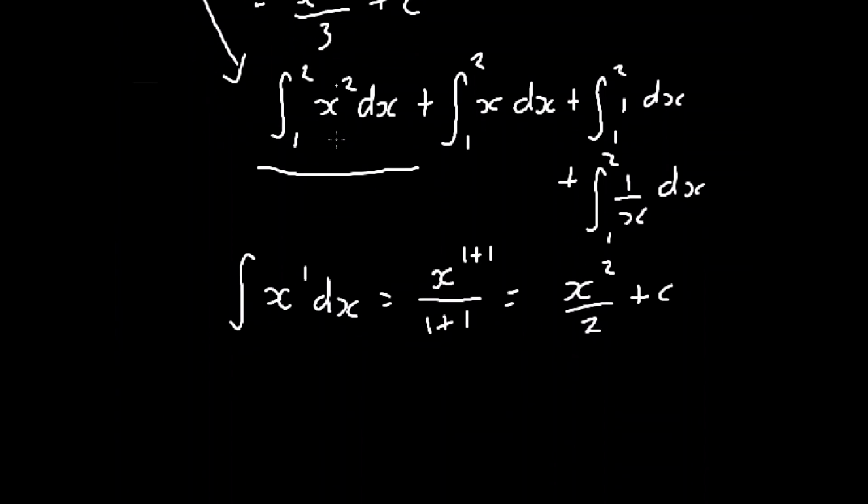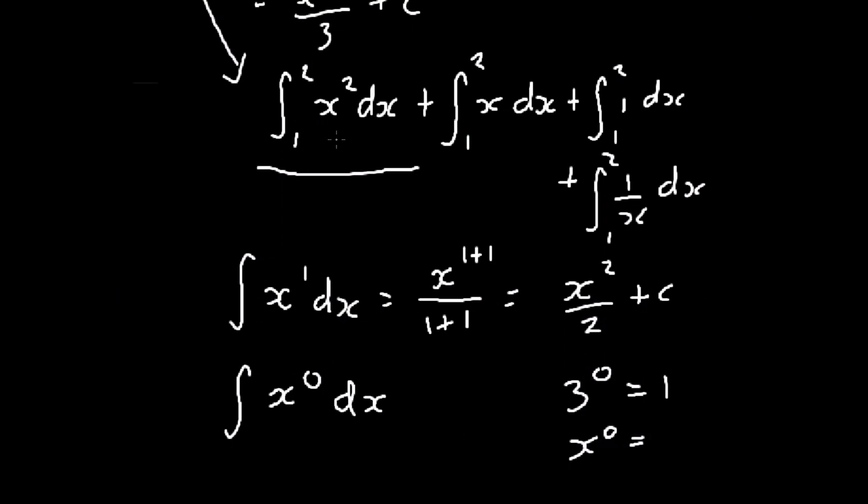Okay, so let's go to the next step. What happens if I have 1? Well, that's like saying that is x to the power of 0. Okay, because what is anything to the power of 0? Get your calculator out. I know this is a non-calc question, but what is 3 to the power of 0? What is x to the power of 0?